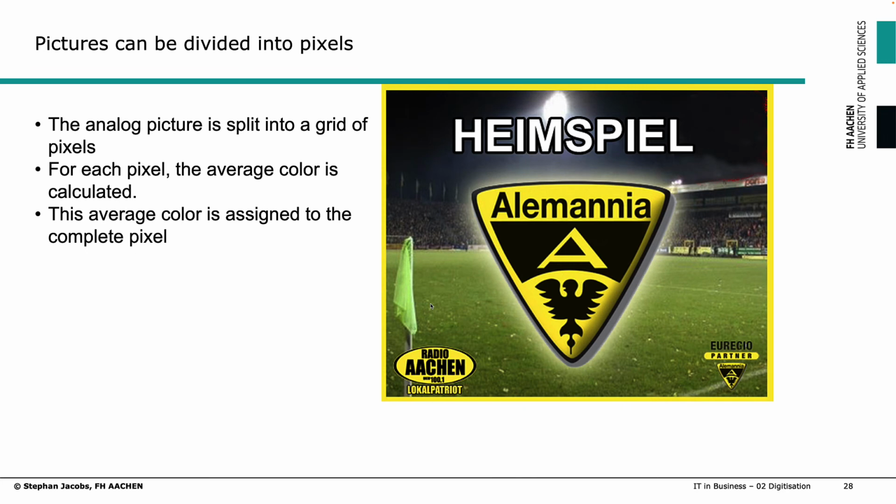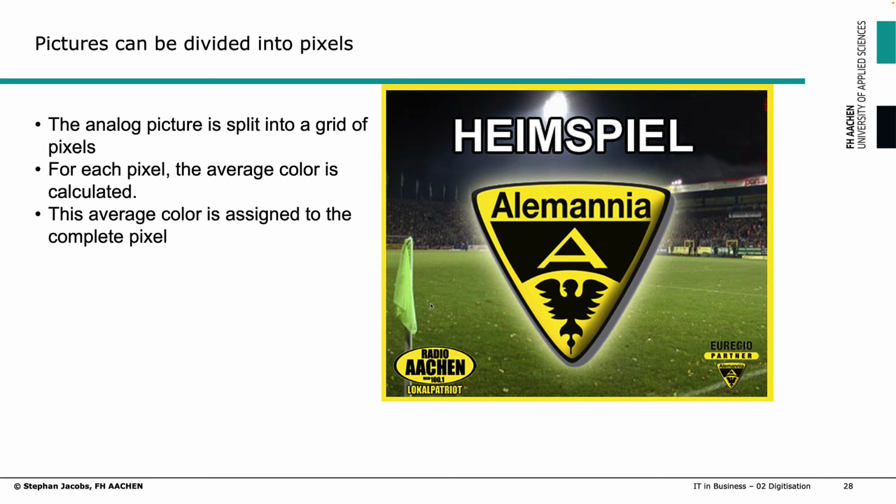Let's take an example. Here on the right, you see a picture. This picture is already a digital picture, as you can see it on your computer. However, for the time being, let's pretend it would be an analog picture. So how can we make it digital?